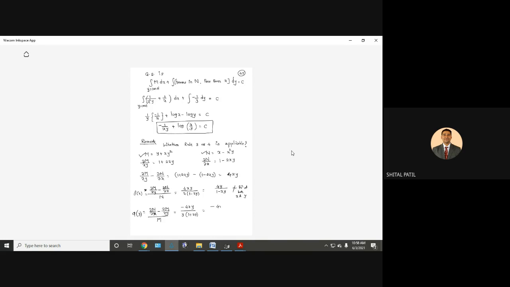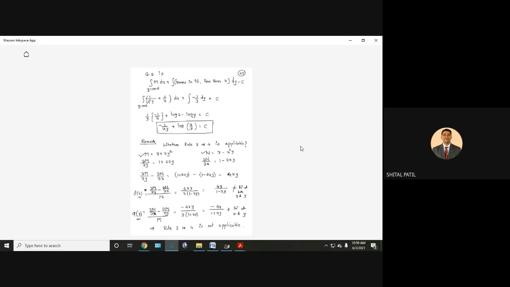So minus 4x divided by 1 plus xy. Again the same thing, a function of x and y. We required a function of y only. In the previous case, we required a function of x only, which is not possible. So what is the conclusion? Rule 3 or 4 is not applicable. Does everyone understand?